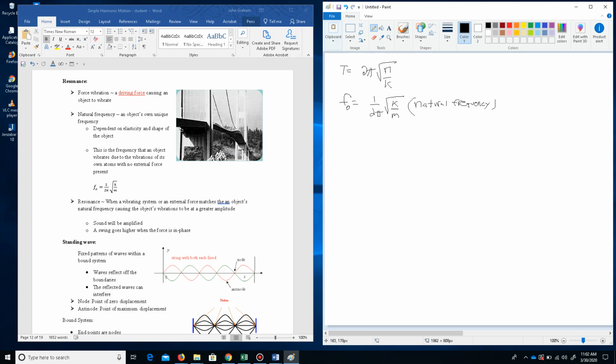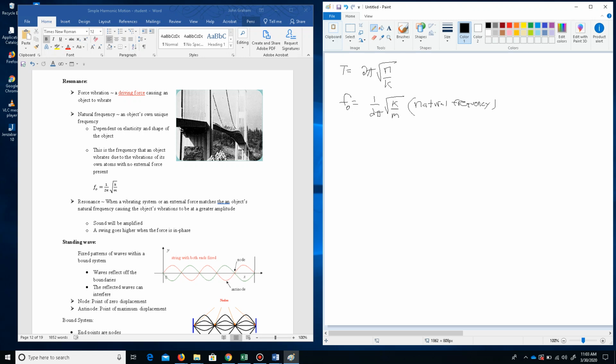We can actually see this with large objects that have large forces applied to them. For instance, in this picture of a bridge, the earthquake caused it to vibrate at its natural frequency, and the road went up and built a wave-like pattern.